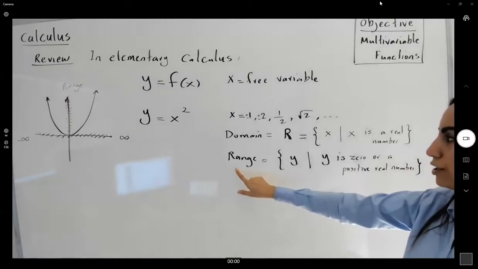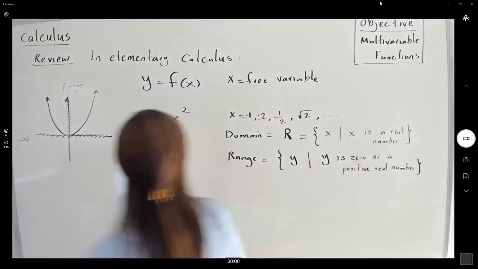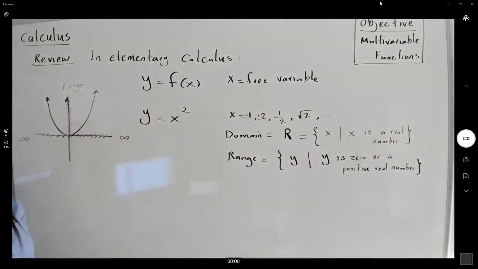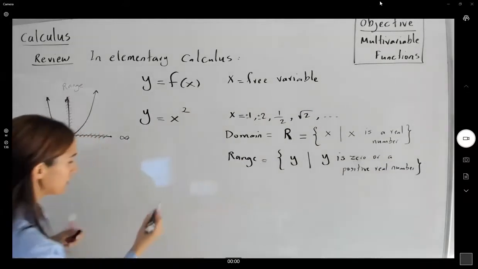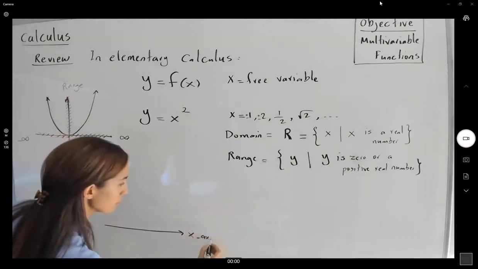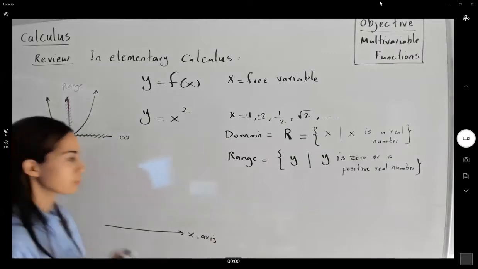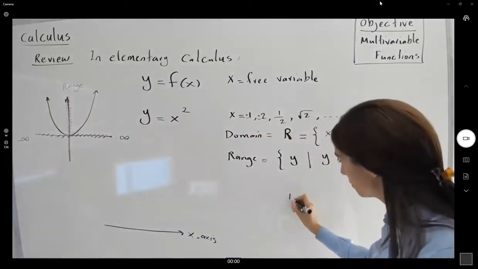Again, your range depends on x values in your domain. Well, so what are we doing? We are taking values on the x-axis and we map them to values on the y-axis.